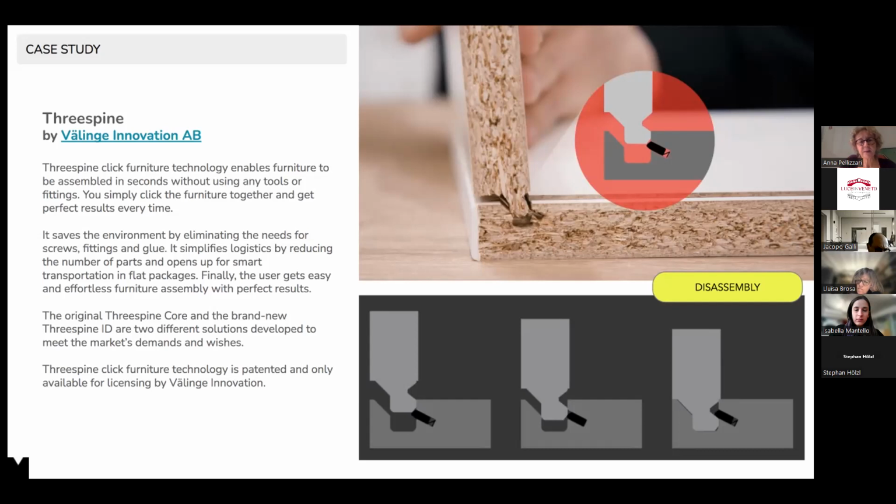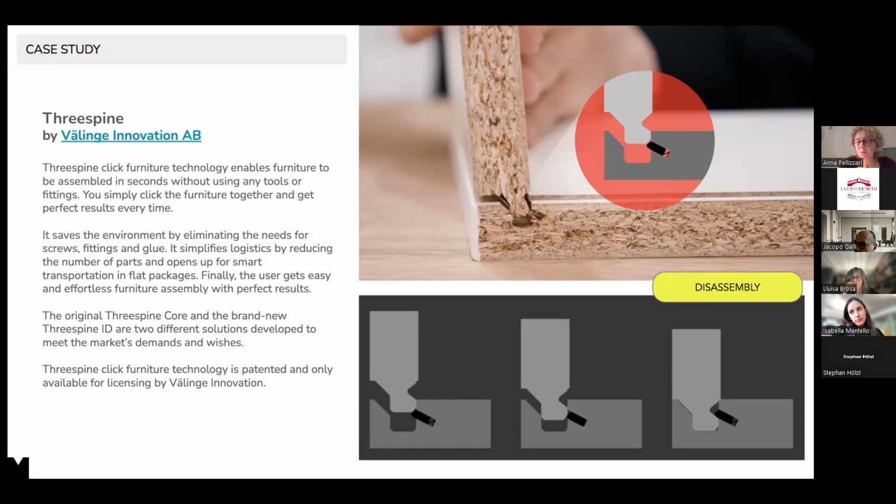This is by Valinge, but there are also other companies that provide similar types of solutions. It is easily disassemblable. So if you have a part of your piece of furniture that needs to be repaired, theoretically, clearly, that's the type of service that a company may provide, you have the possibility to replace only one part and not the whole drawer and not the whole piece of furniture.